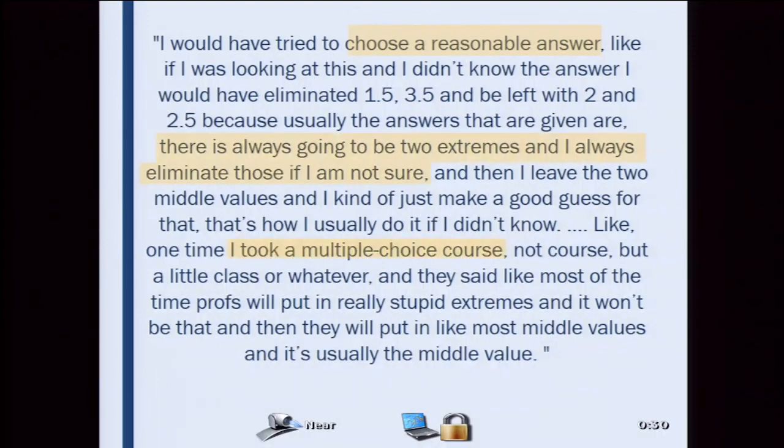They always put in 2 extremes, and the answer has to be between those 2 extremes. They even trust that all multiple choice courses must be right. So we're seeing those misconceptions and assumptions from students.